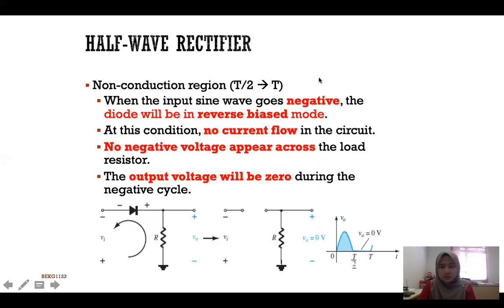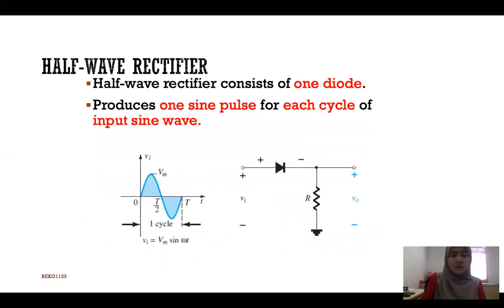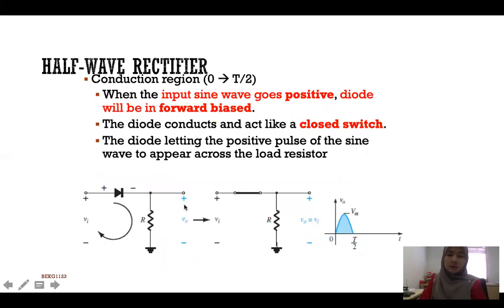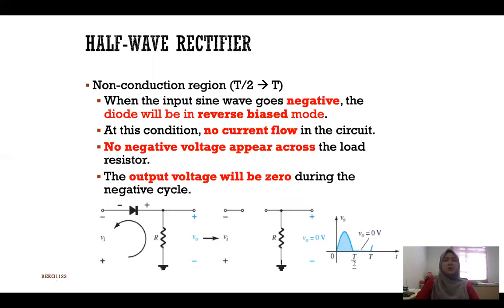Next, from time T over 2 until T, we call it the non-conduction region or the reverse bias mode. In the second part over here, the V in is negative, so it is reverse bias. In reverse bias, the diode will become an open circuit, therefore no current flows in the circuit.